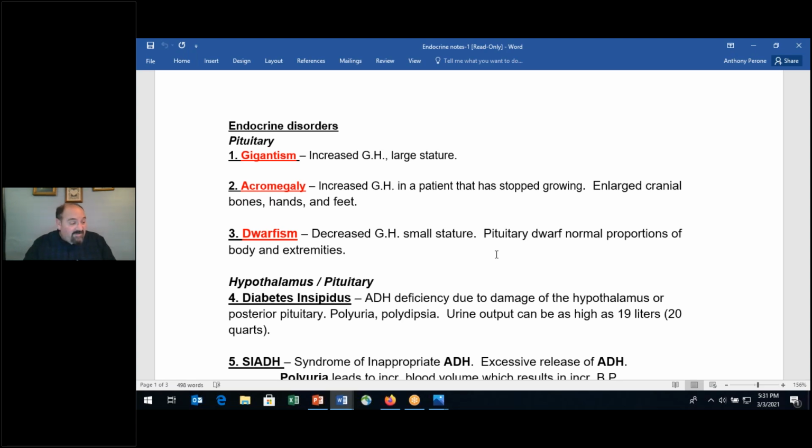Peter Dinklage, I believe. Yes, Peter Dinklage. He's really an excellent actor, and he was really good in that show. So know that he's a different type of presentation of dwarfism, because his extremities are short, and his torso and head are larger in proportion, whereas a pituitary dwarf would have normal proportion of their torso and their extremities. They're just very short.